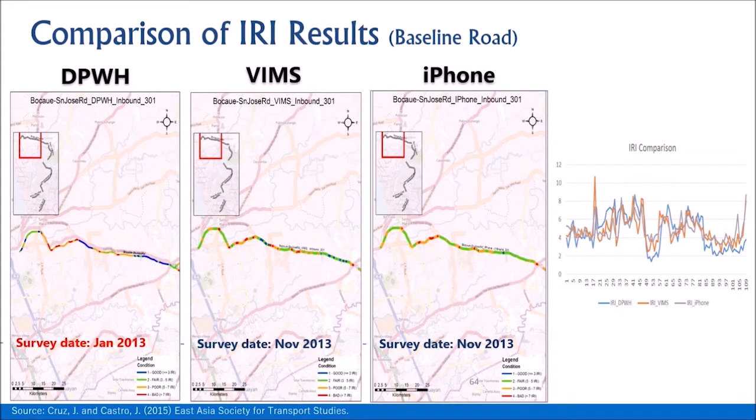So this shows the side-by-side plotting of road roughness coefficients resulting from the DPWH, VIMS, and iPhone runs or data. The comparison shows that the proposed iPhone method is comparable with the results of the DPWH and VIMS method, as indicated in the graph, which shows similar trends of highs and lows.